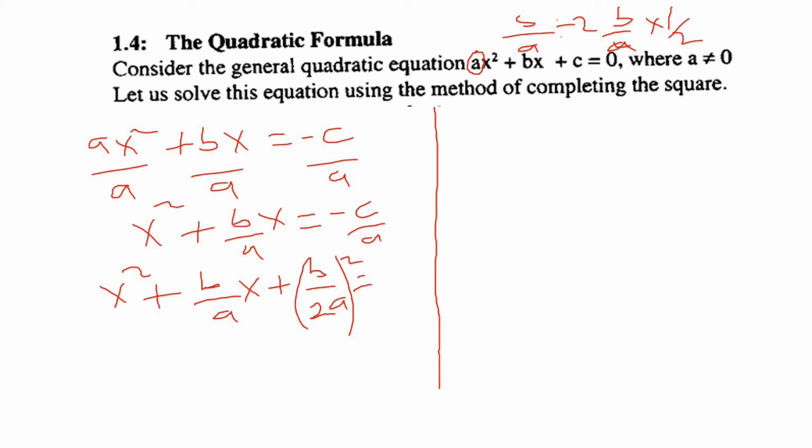So this is equivalent to negative c divided by a, plus b squared over 4a squared, that is 2a squared. So the next thing we can do is factorize the way we have been doing.